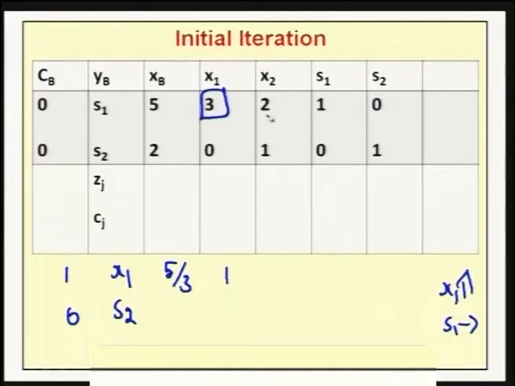This will be 1, this will be 2 by 3, this will be 1 by 3 and this is 0. Now, we have to convert the remaining element in the column into 0. Since there is already 0 here, the new row 2, R2 dash, is the previous row, which has s2 as 2, 0, 1, 0, 1.